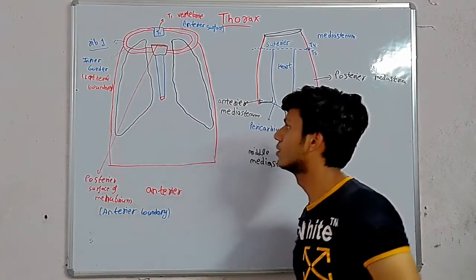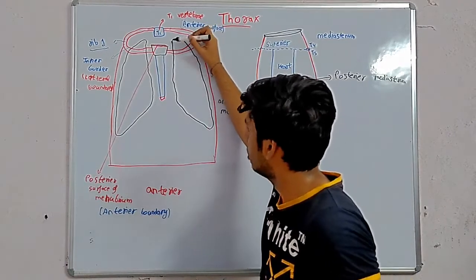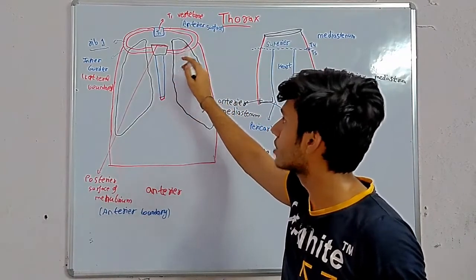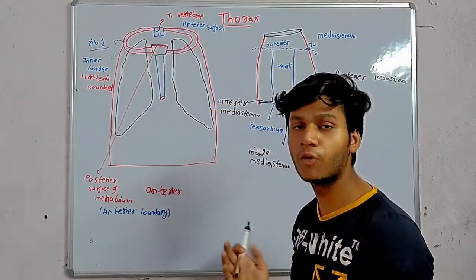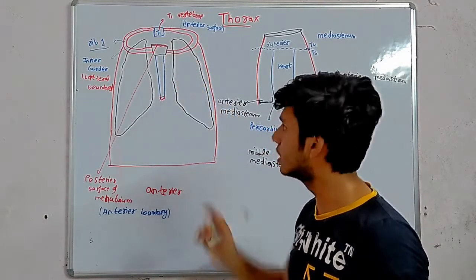These are the lungs. Now note the important point. The lungs are protruding from the thoracic inlet.